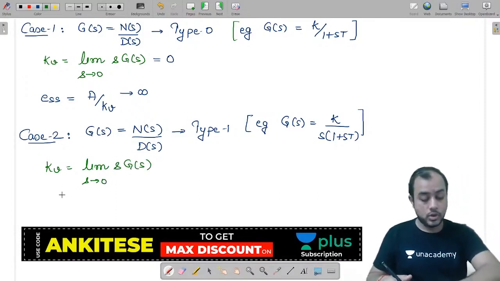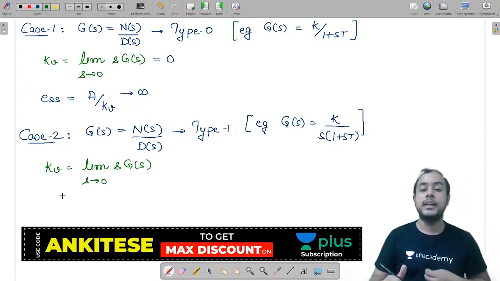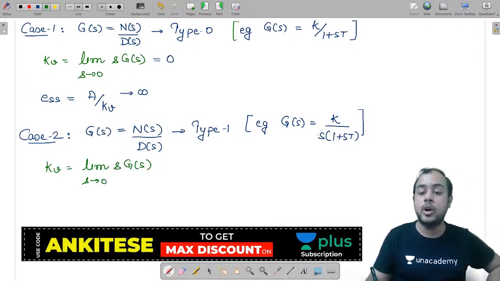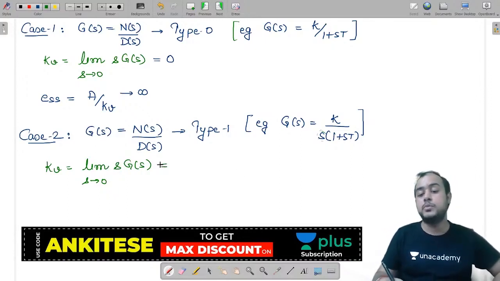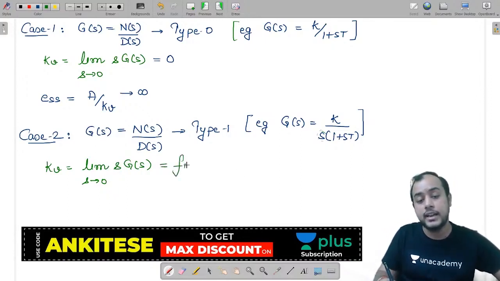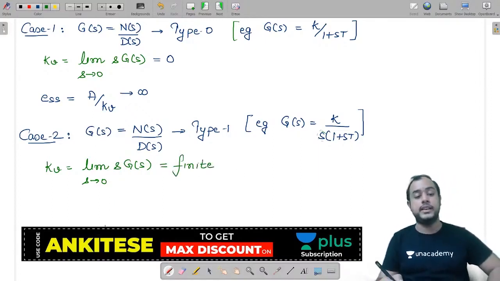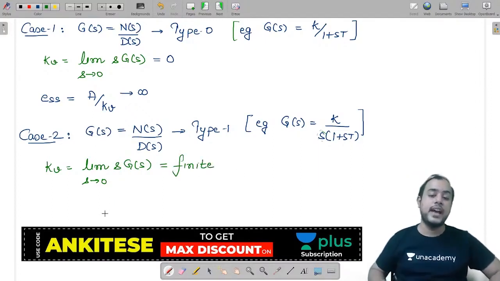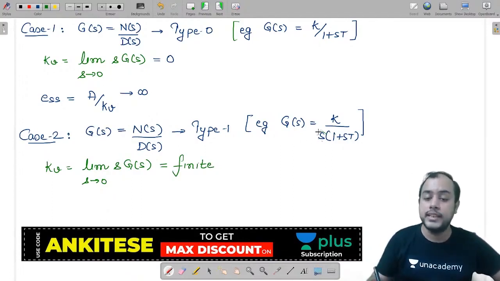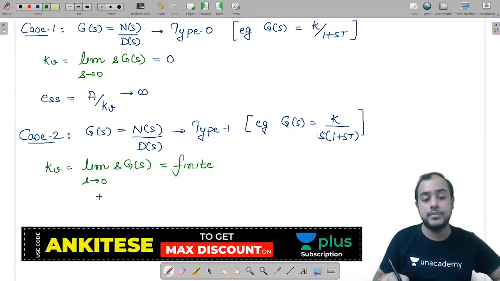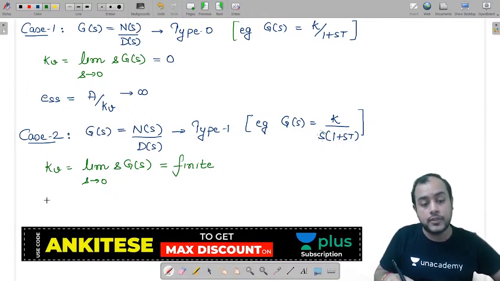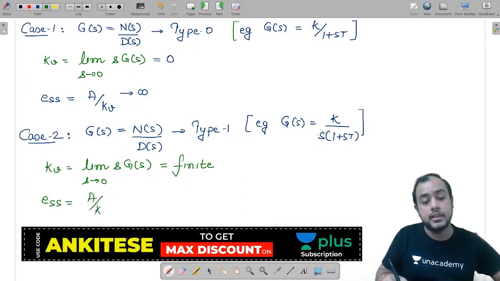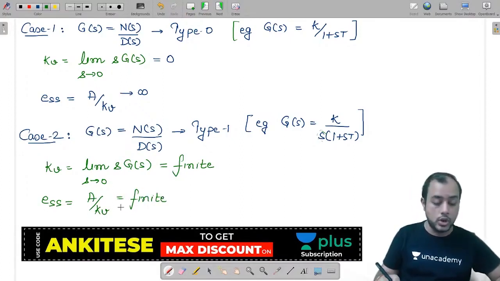Now G(s) has s in the denominator, so these both s will be cancelled and we will get a finite value here. Are you getting my point? So Kv is finite. This means the steady state error A by Kv is also finite.